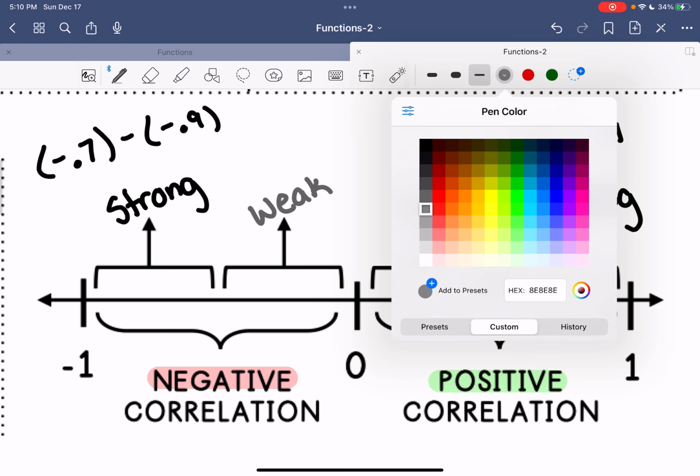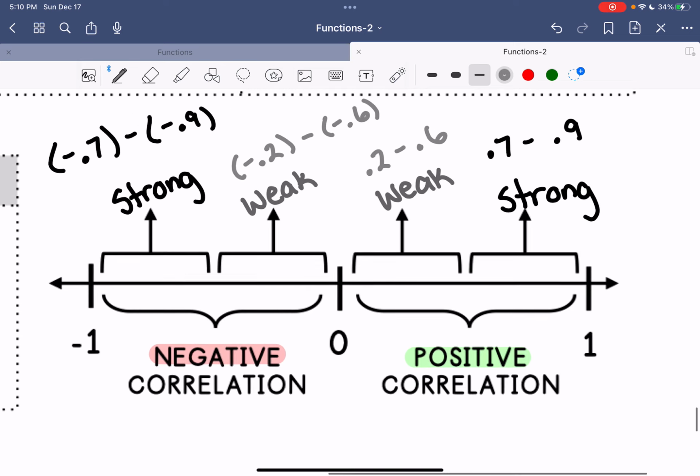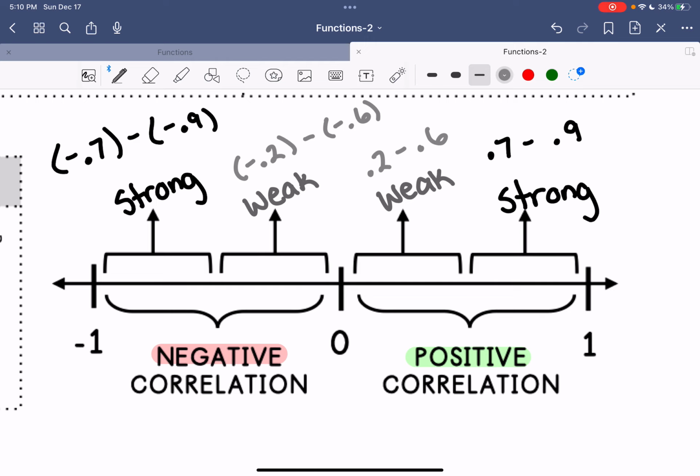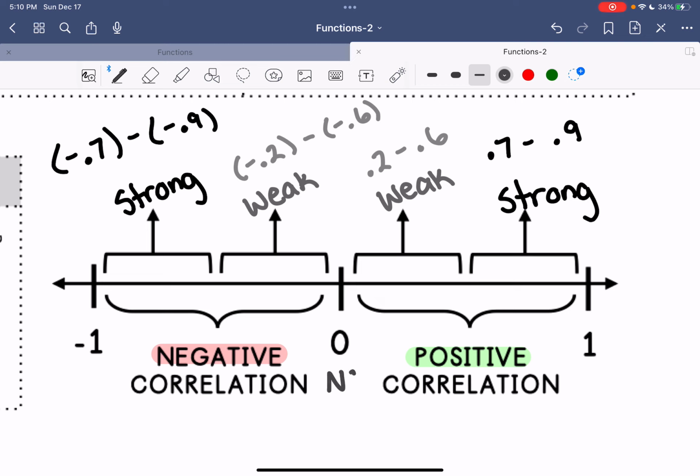Our weak numbers tend to be somewhere between 0.2 to 0.5, 0.6, somewhere around there, both positive or negative. And then lastly, we could have no association or no correlation, and these are our values that are very close to 0.